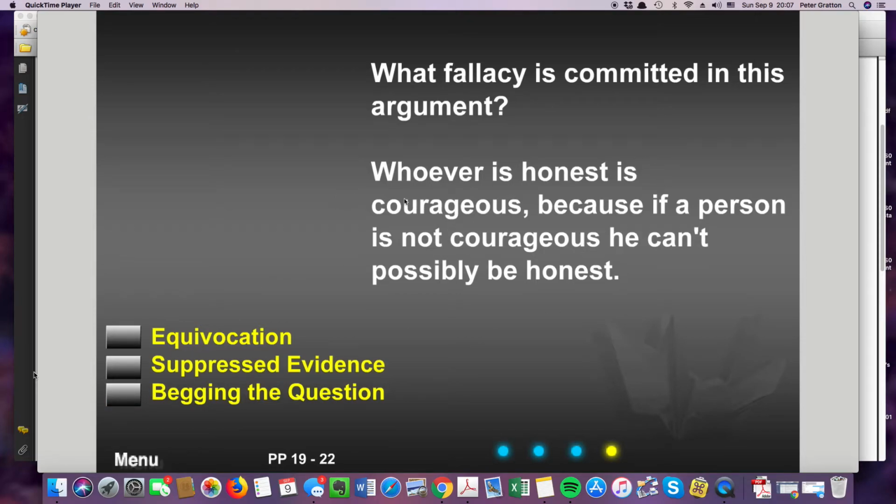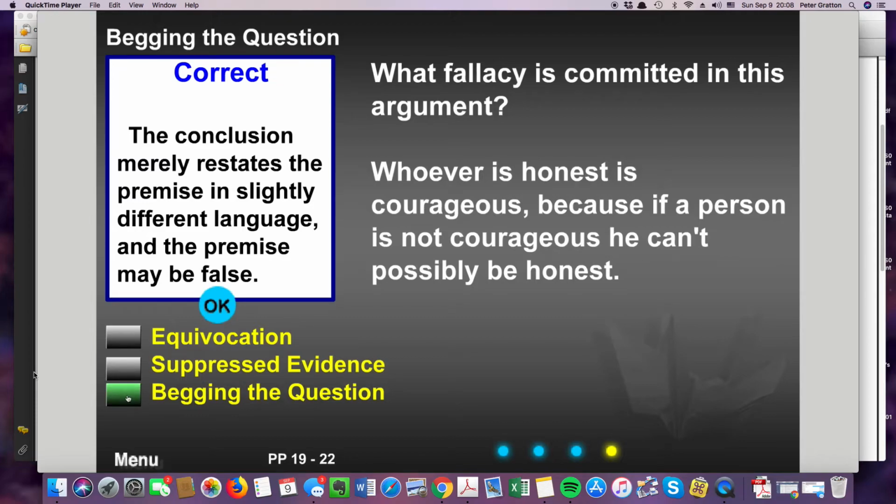There's no evidence given for the link between honesty and courageousness, and it's repeating itself. Whoever is honest is courageous, and somebody who can't be courageous can't be honest. Those mean the same thing. In conclusion, the argument restates the premise in slightly different language, and the premise may be false.